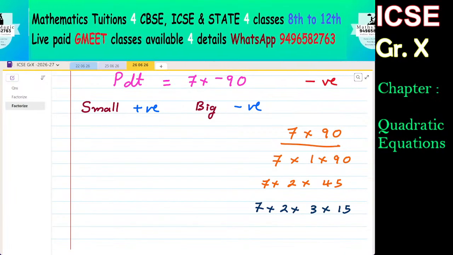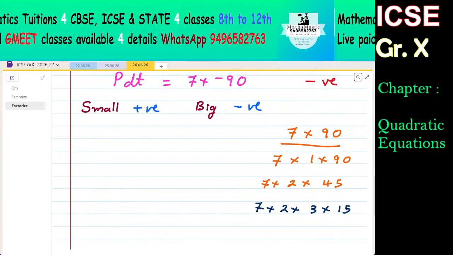Like that you factorize and find the big number and small number.